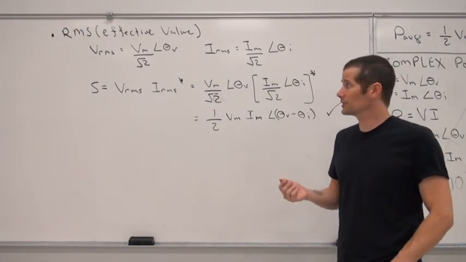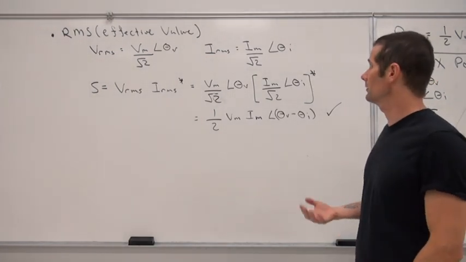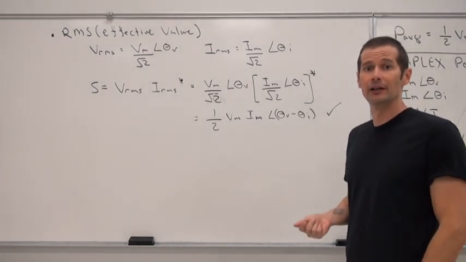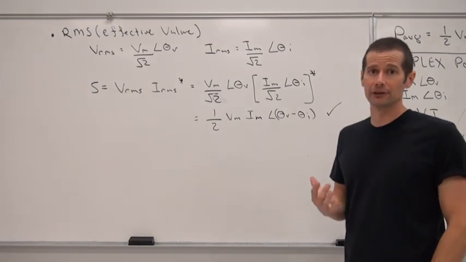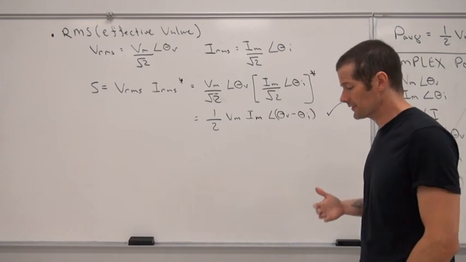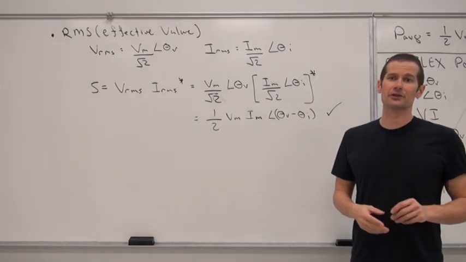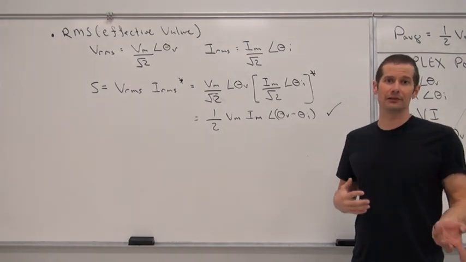So all we have to take is the magnitude of the RMS voltage or the RMS current, multiply those two together, and we get effectively the real power within the system. It gives folks within the industry a very quick and easy way of finding out what real power is being dissipated.